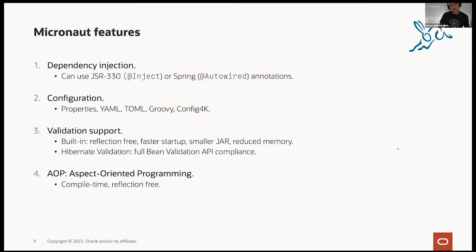So let's see a quick overview of the features of the framework. So the core, as I mentioned, is a dependency injection mechanism. So you can use standard annotations or even Spring ones. As a side note, the Spring support is extensive.